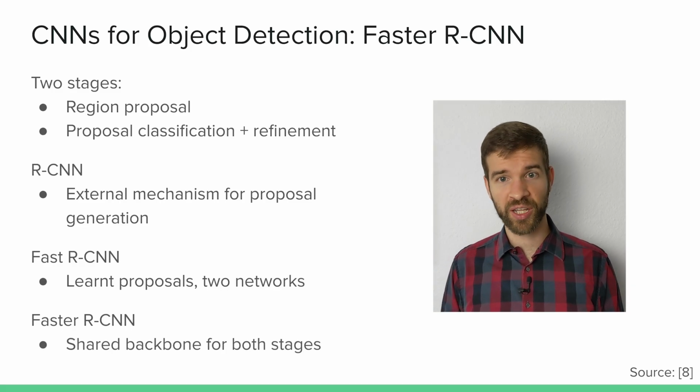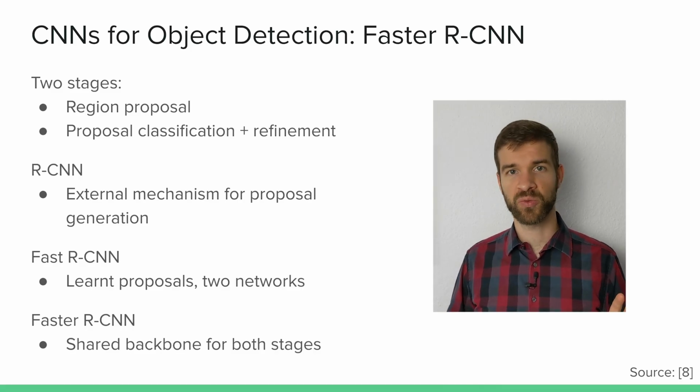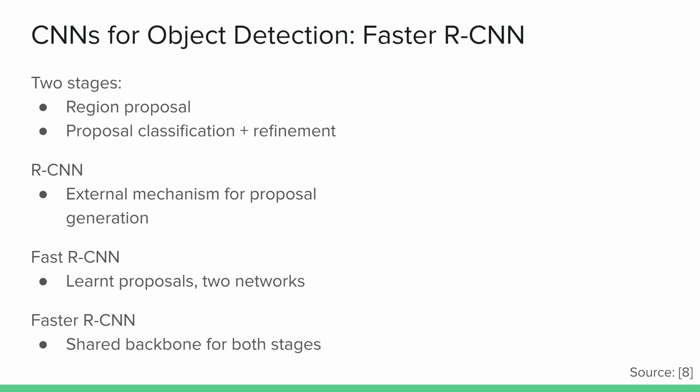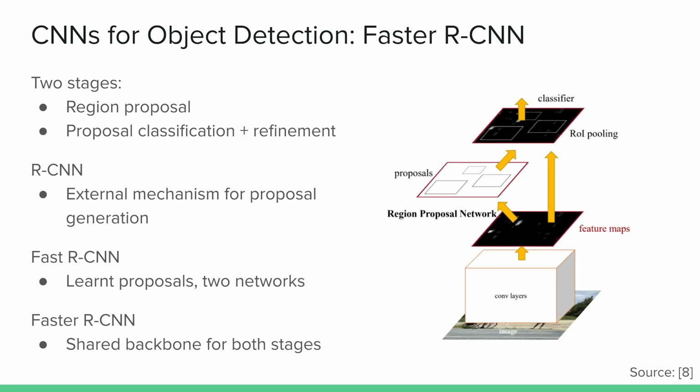So we have one neural network, and that has a so-called shared backbone for extracting features. And then we have the following architecture where we extract region proposals. That's our first head that takes these feature maps, and that produces these region proposals in the output.